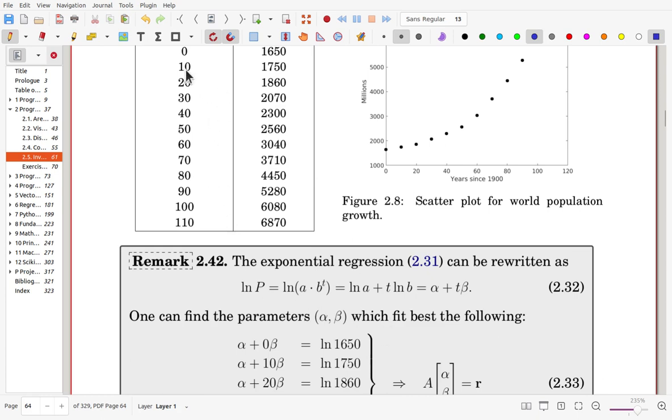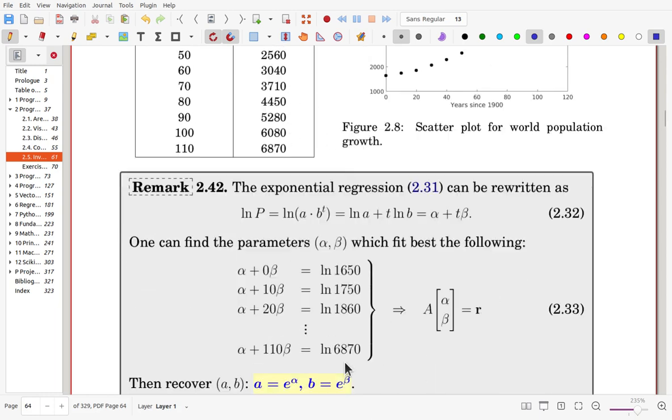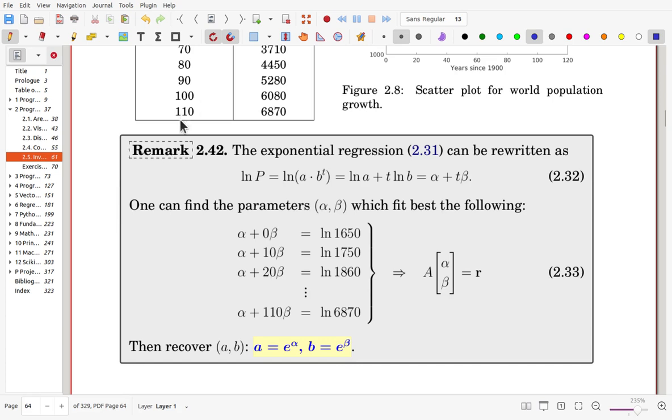Once t is 10, then alpha plus 10 beta equals the logarithm of 1750, and so on, so that when t is 110, the right side must be the logarithm of 6870.